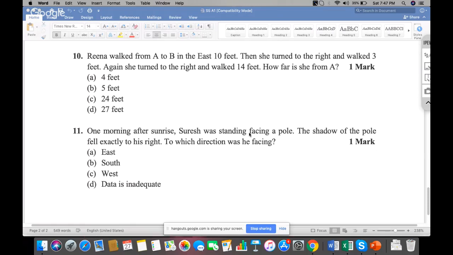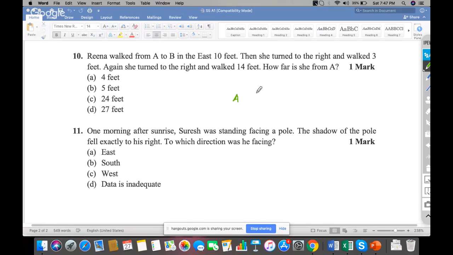Okay, let me check your answers. Question number 10, a lot of you are saying B, one of you has said A. 10B is, let me check. Reena walked from A to B in the east 10 feet.